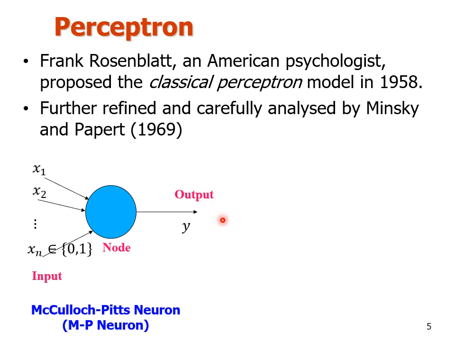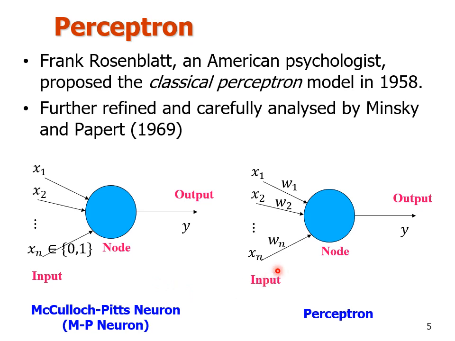MP neuron can handle only Boolean inputs, whereas perceptron supports real inputs as well, which makes perceptron more useful and generalized. The next difference, as you can see in this figure: in MP neuron, weights are not available to decide the importance of the respective input, but in perceptron, the introduction of numerical weights is the key difference, with a mechanism to learn these weights.